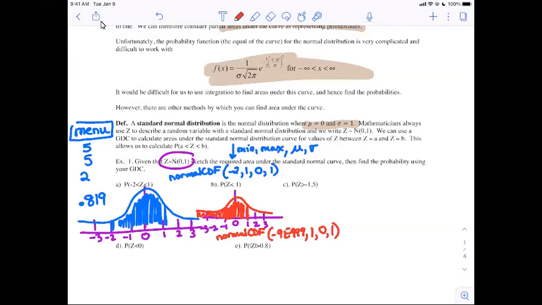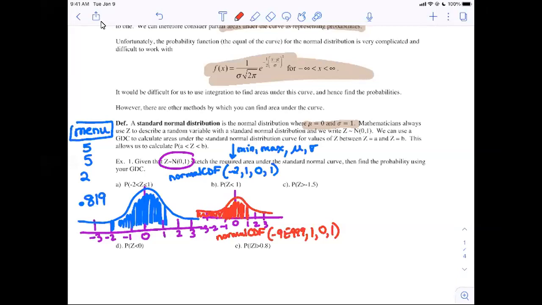But what I want to connect here is that, because we are changing this to a standard normal distribution, the total area under this normal curve is 1. So it is equivalent to doing probability. So the probability of Z less than 1, we don't have to shade anymore because I think you get the gist of it, right?